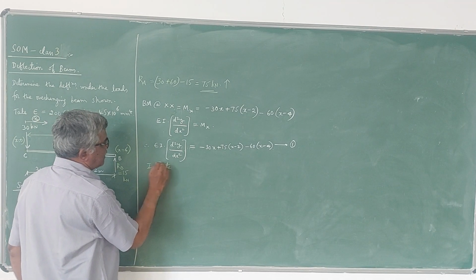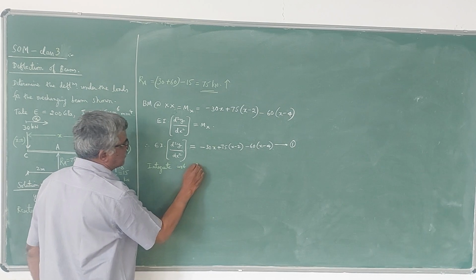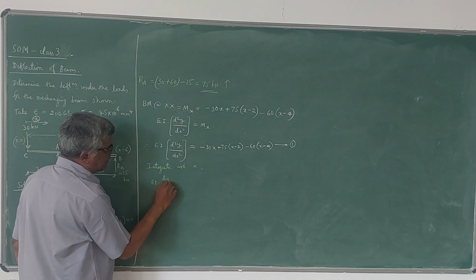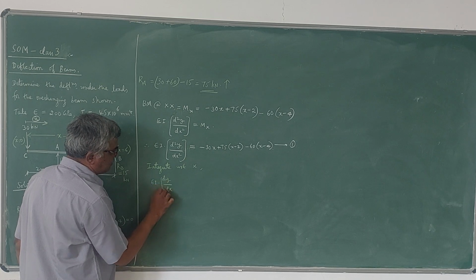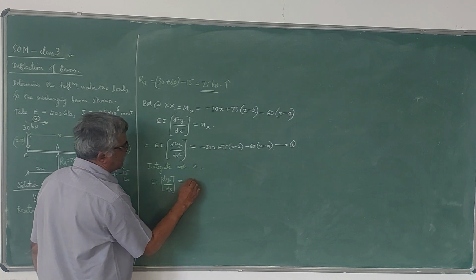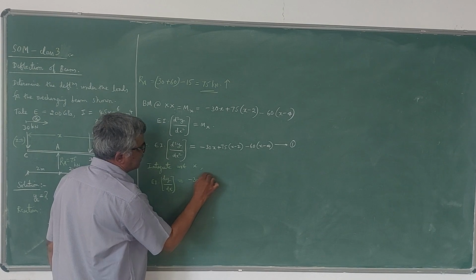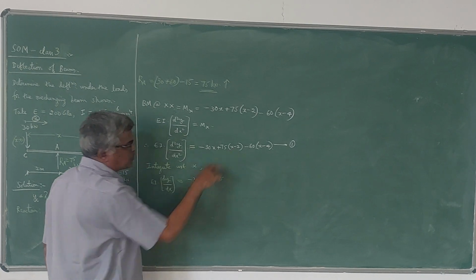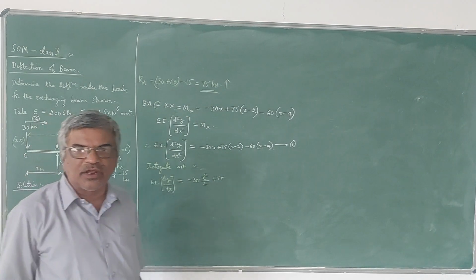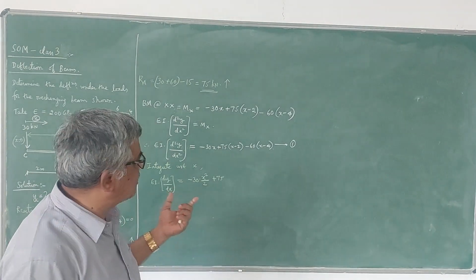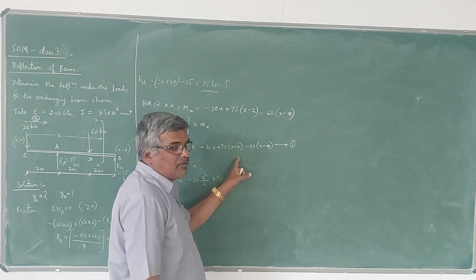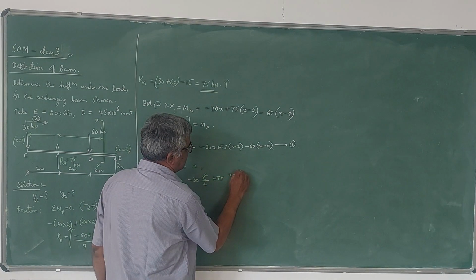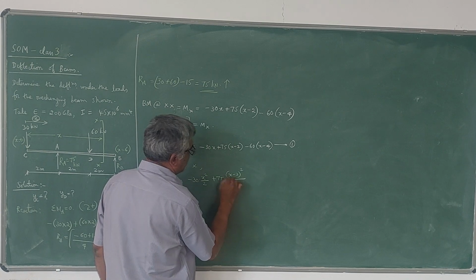Next, I have to integrate this with respect to x to get the slope equation. Now I am using Macaulay's method for integration. EI into this becomes dy by dx. Integration of d square y by dx square is dy by dx, equal to minus 30 into integration of x, which is x square by 2, plus 75 into x minus 2, which is treated as x. So integration of x is x square by 2, therefore integration of x minus 2 will be x minus 2 whole square by 2 according to Macaulay's method.